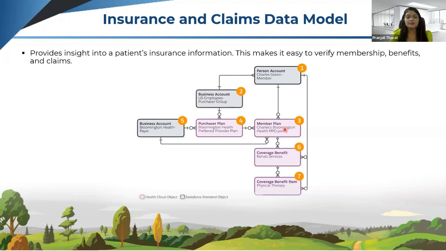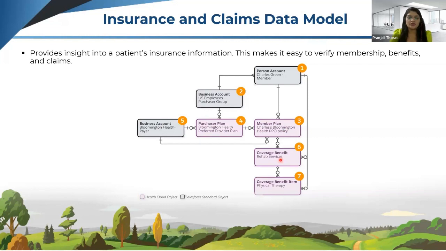The member plan represents details about the insurance coverage for a member. A member plan record refers to a purchaser plan record and the payer organization here. As part of this policy, Charles is entitled to rehabilitative services. Coverage benefit represents a benefit that a member plan provides to cover a member.